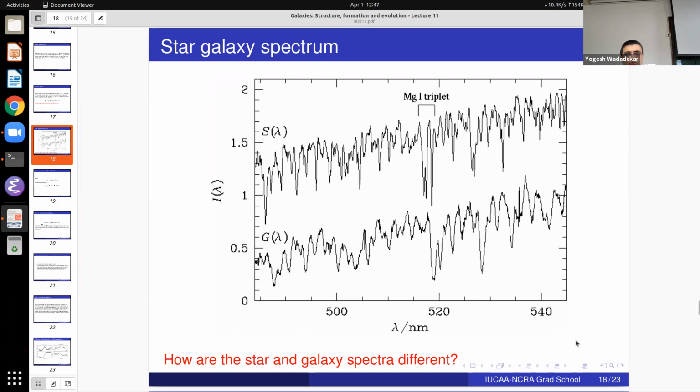If I didn't give you this, it would be much harder to tell, except to tell that this is not a starburst galaxy. In a starburst galaxy, your light is dominated by OB type stars, and there you'll see lots of emission lines. You're seeing mostly absorption lines here, all absorption lines.